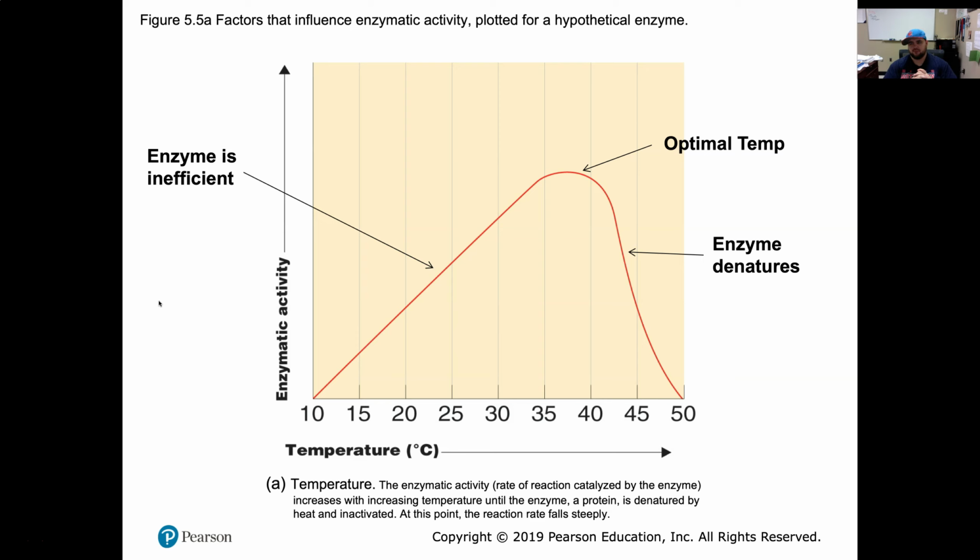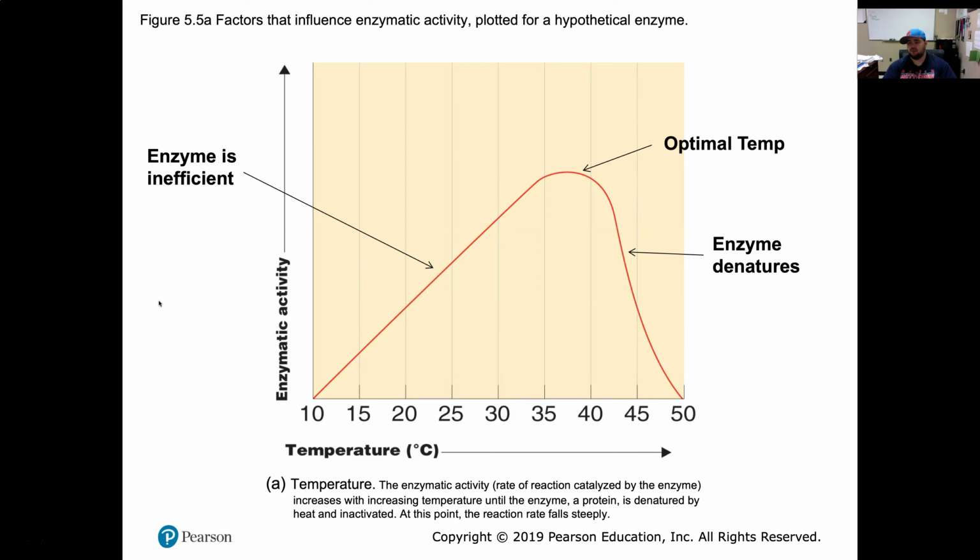Every reaction has this. To speed up a reaction, one of the ways we can do that is adding an enzyme. When we add the enzyme, what it does specifically to speed up the reaction is it lowers the activation energy. So the amount of energy it needs to start that reaction drops.